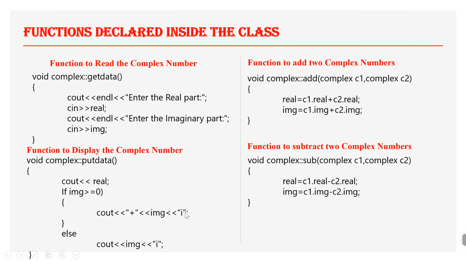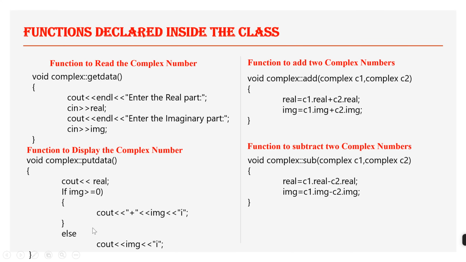So the output will be in the form of a complex number. So this display or put data is a function which will give the output in the complex number format only. So here I have defined the get data function. Here I have defined the put data function.